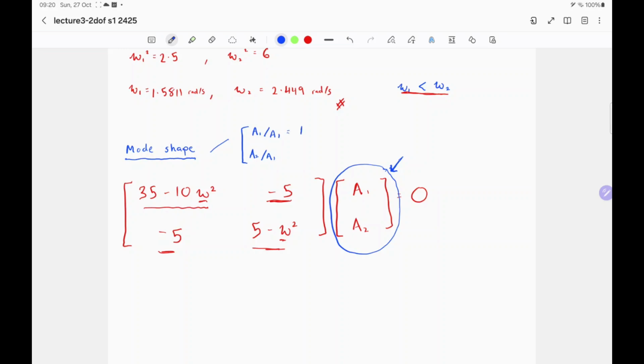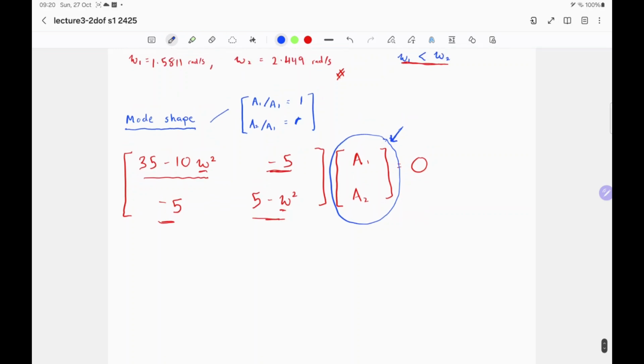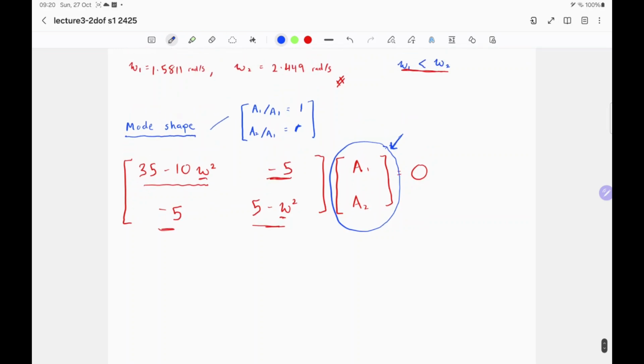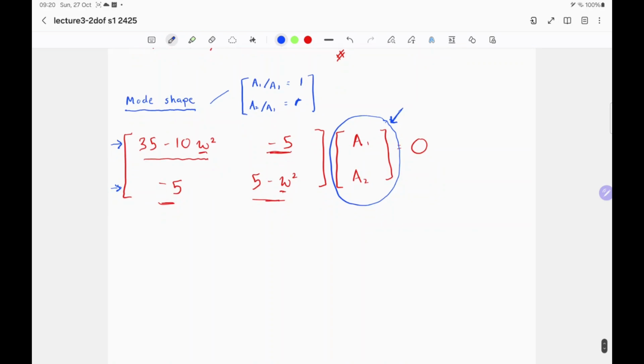So this will become 1 and this will become A2 over A1, or sometimes we write it as R. To identify the mode shape, we can use either the first row or the second row. So let's say I use the first row.